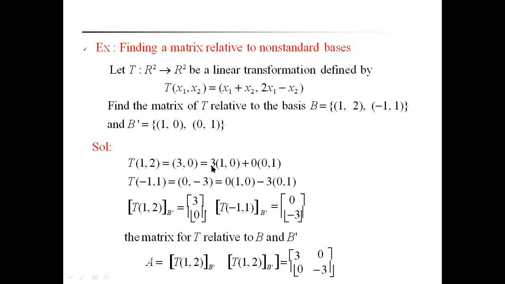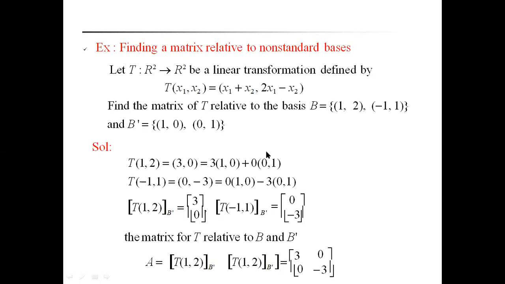This can be represented as 3 into (1, 0) plus 0 into (0, 1). This is the basis B', which is (1, 0), (0, 1), that's why (3, 0) can be written as 3 into (1, 0) plus 0 into (0, 1).